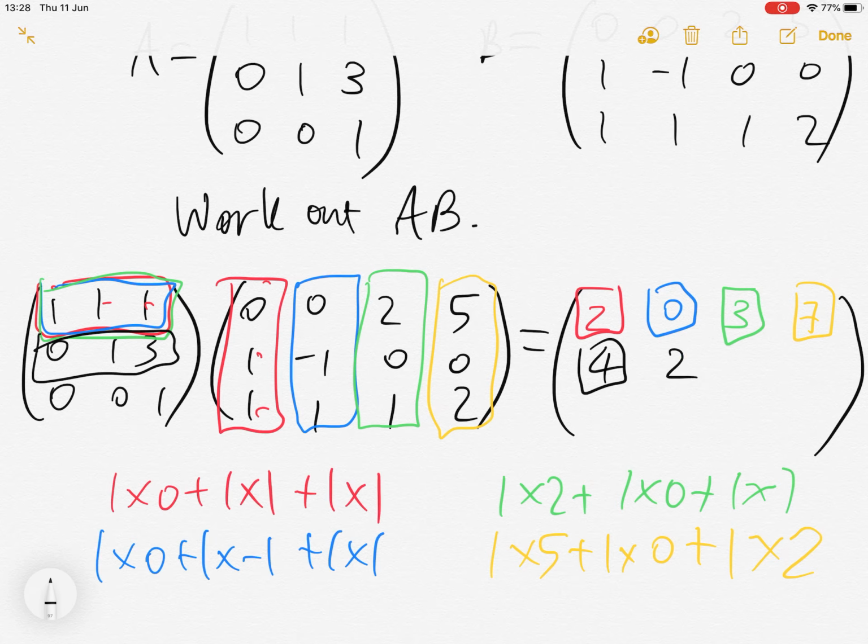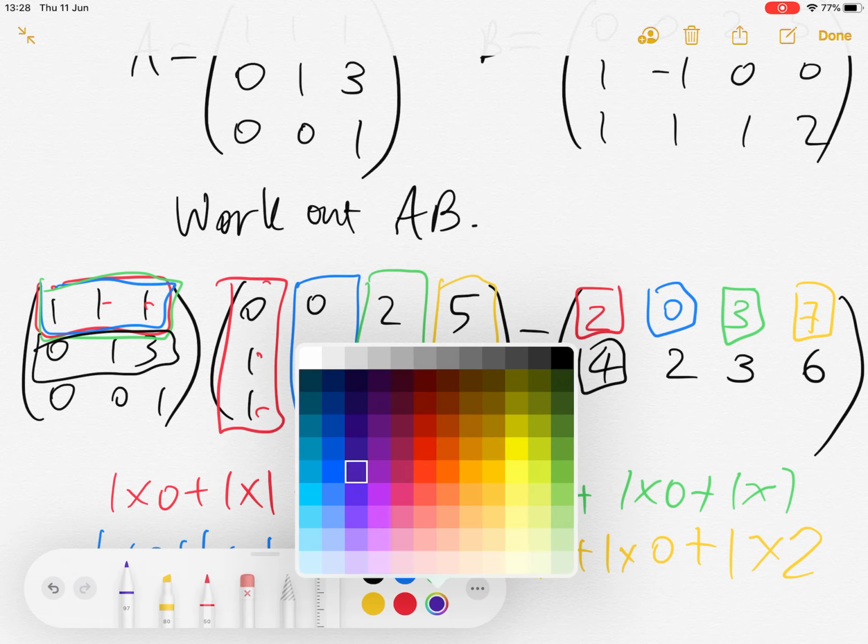The next entry is 0 times 2 plus 1 times 0 plus 3 times 1, that's 3. The last entry in the second row is 0 times 5 plus 1 times 0 plus 3 times 2, that's 6. And then the final row, we're now using the bottom row.